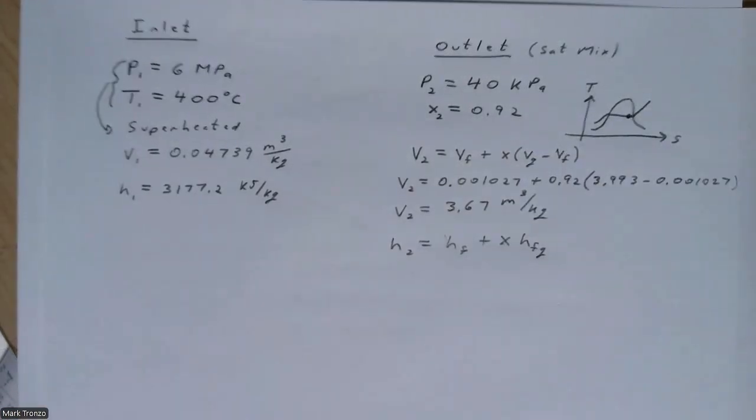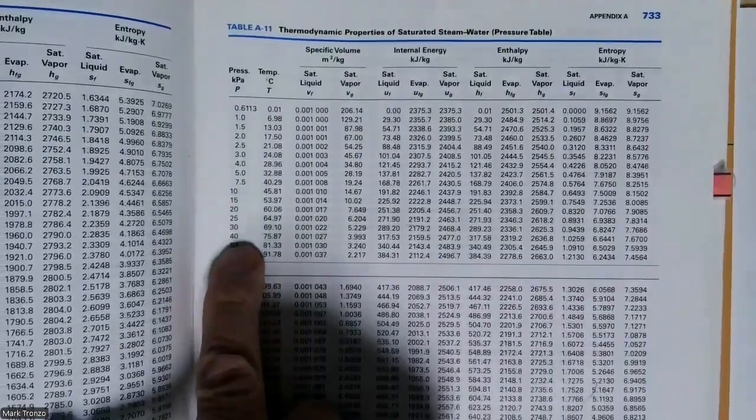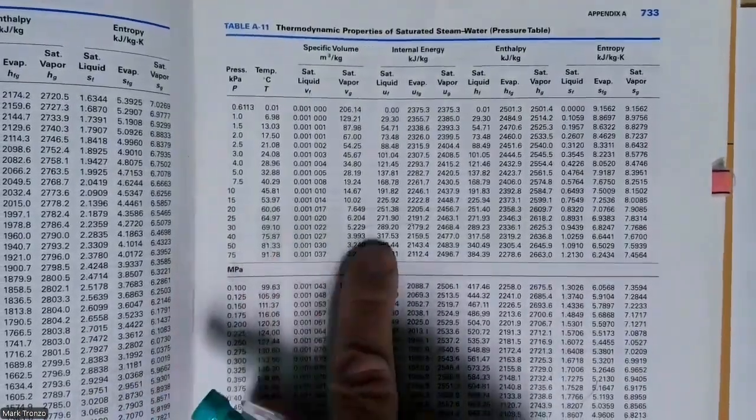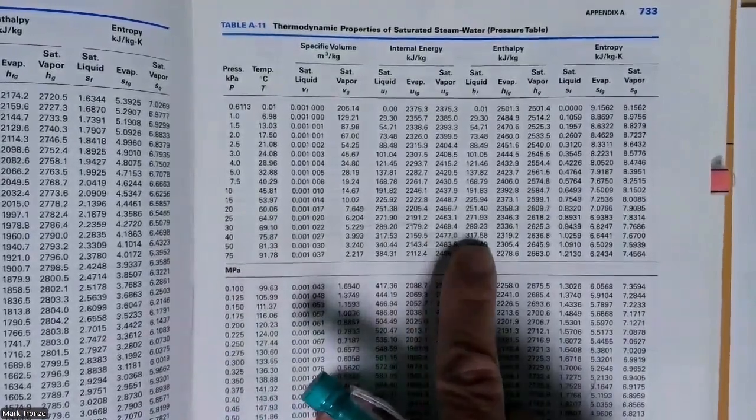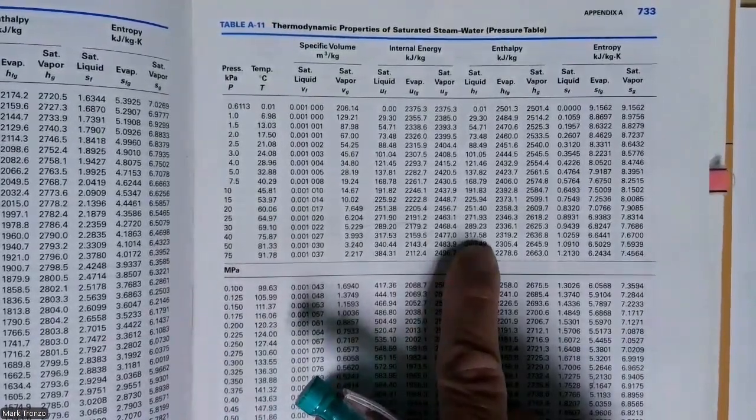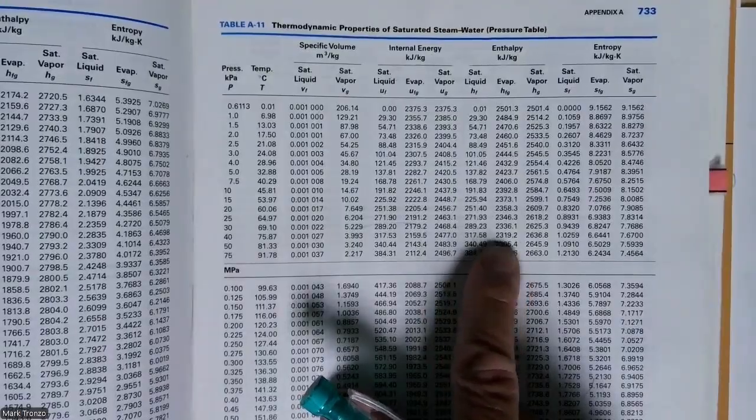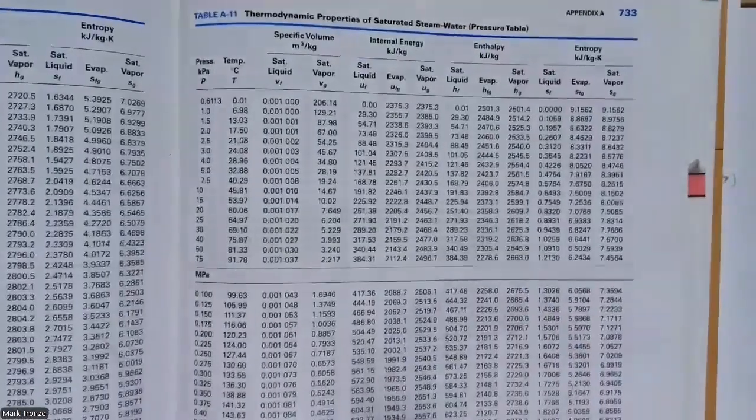And again, if we look that up in our table for 40 kPa, those values will be 317.58, and that difference is 2319.2.